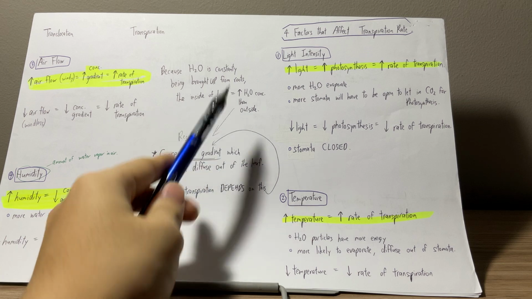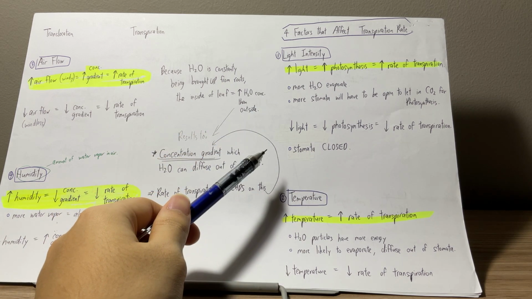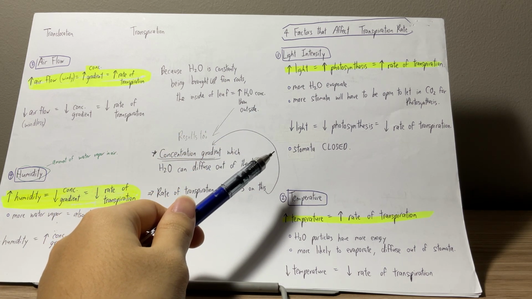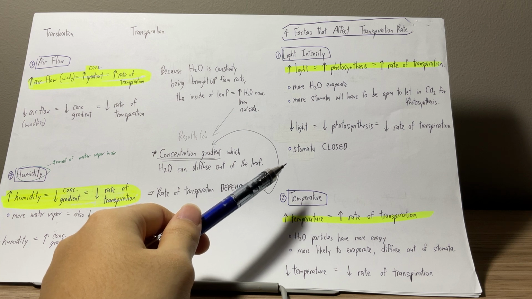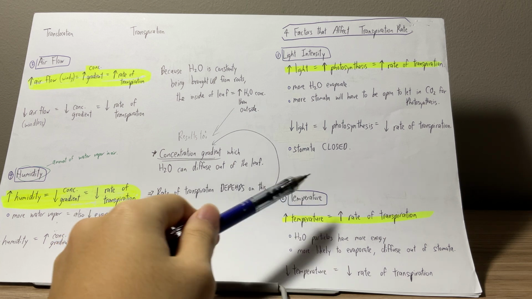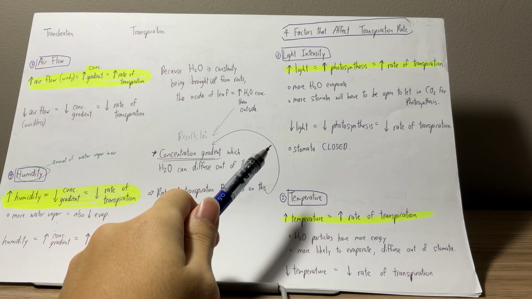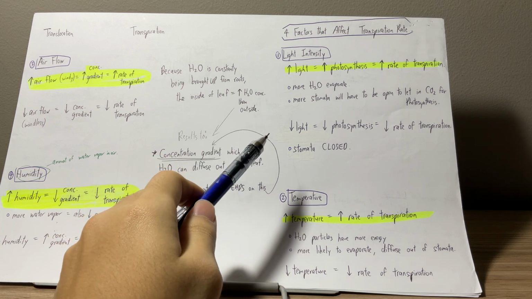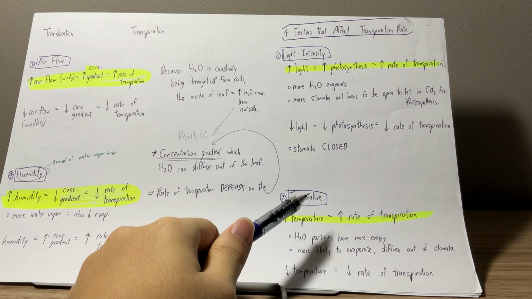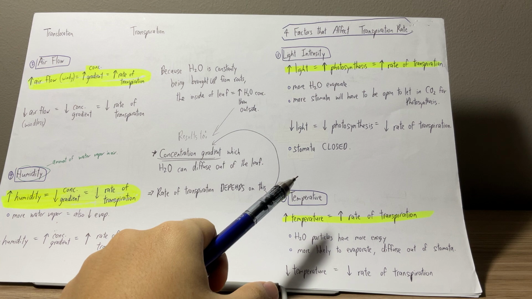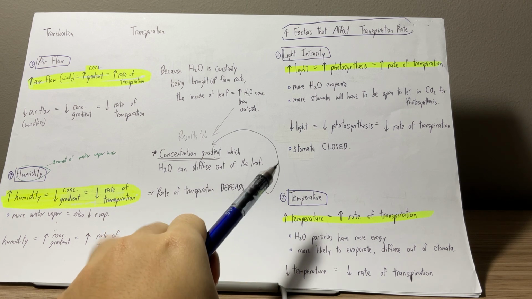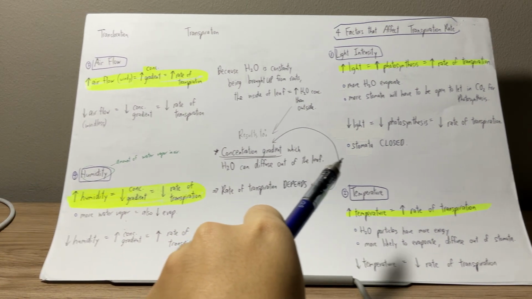But of course, accounting for light intensity, most likely, if there's no light at all, even if the temperature is high, transpiration wouldn't really function. At least the stomata may not close completely, but transpiration isn't really that strong in terms of the rate. So yeah.